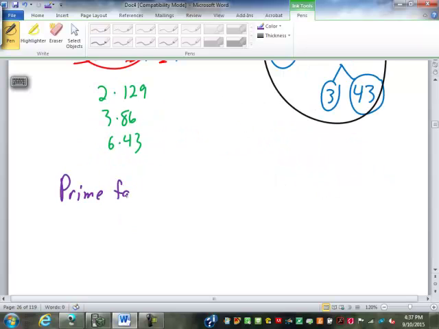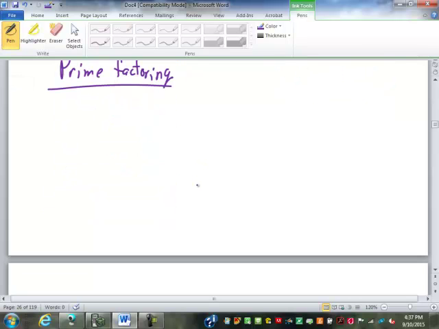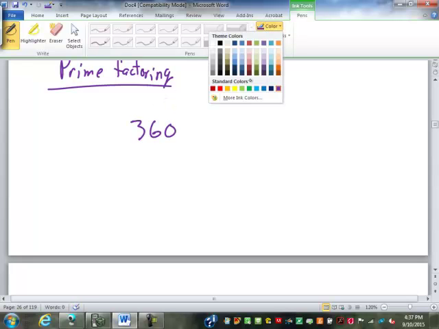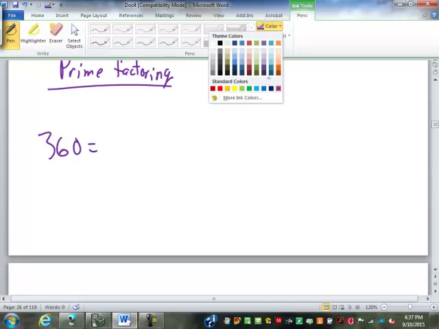Prime factoring is where we take the number and we reduce it down to the smallest prime numbers we can multiply together to get that number. For example, if I ask you to prime factor 360 to be more specific.